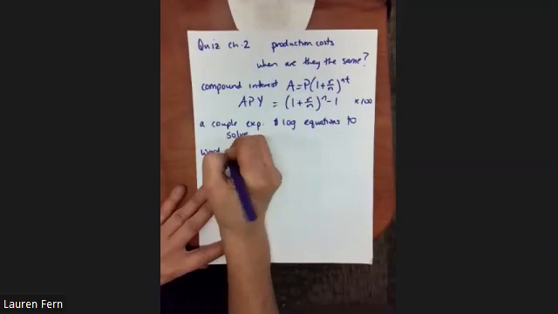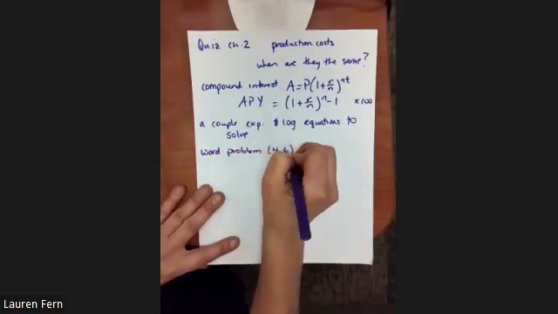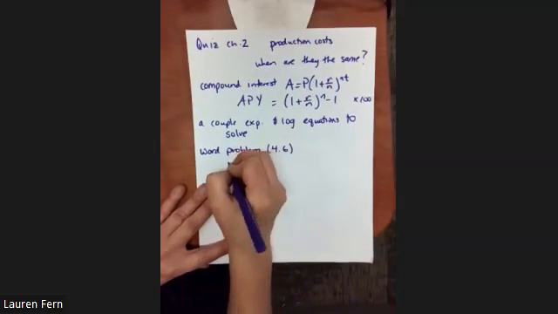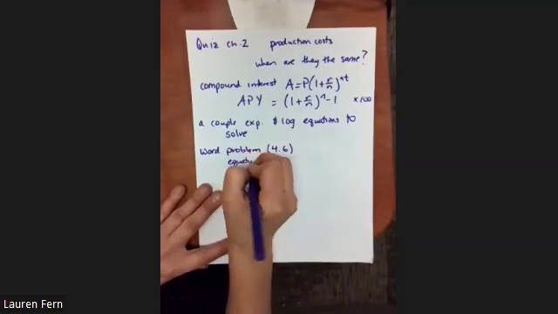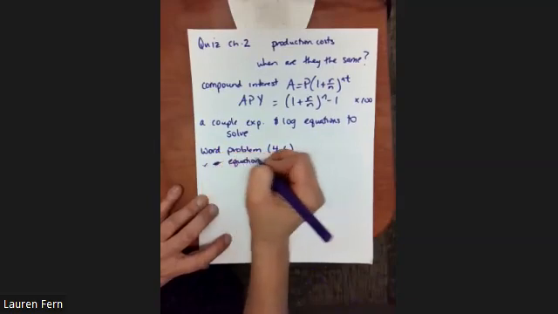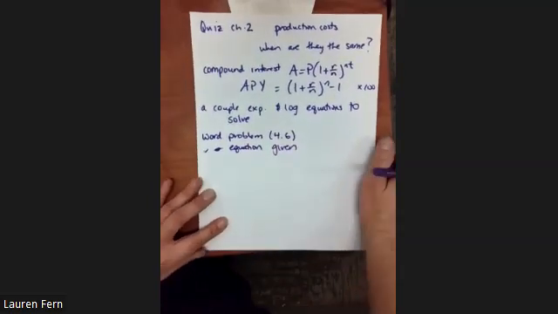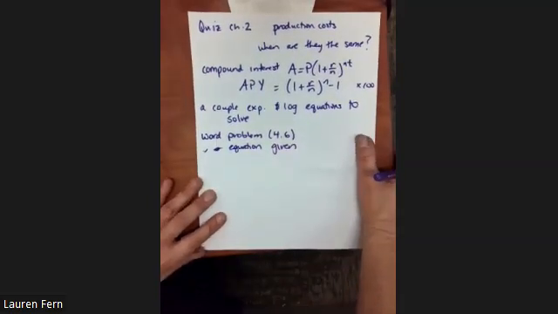You will have a word problem similar to section 4.6. But on the bright side, I'm already going to give you the equation of the exponential function. You just get to solve a few things.